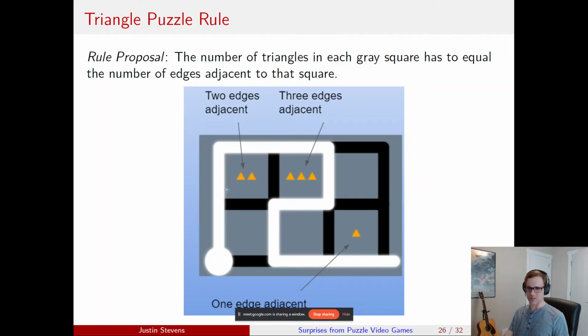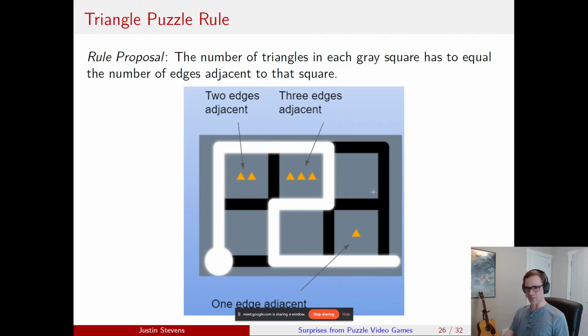In this case, we put two triangles in it because there are two edges adjacent to the square. For this square, there are three edges adjacent to it, so we put three triangles in it. Or for this square right here, there's only one edge adjacent to it, so we put one triangle in the square there. So that's our rule proposal. We just noticed something interesting about drawing lines, and we came up with a puzzle rule based upon that.